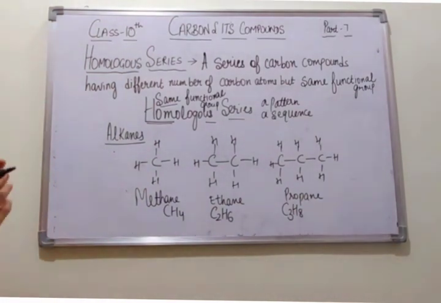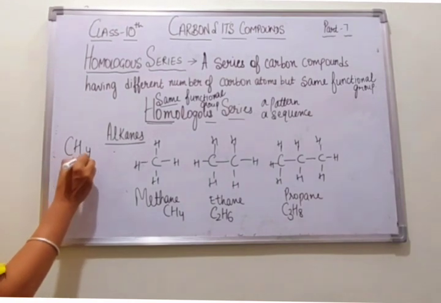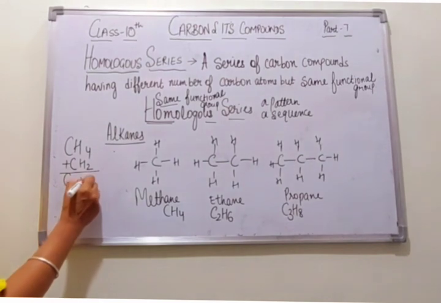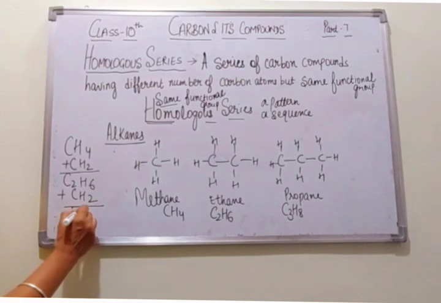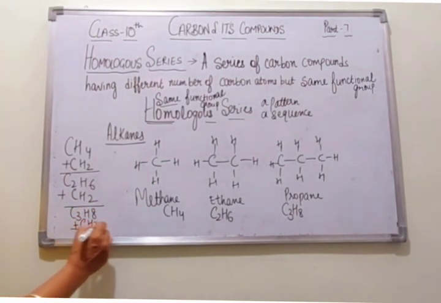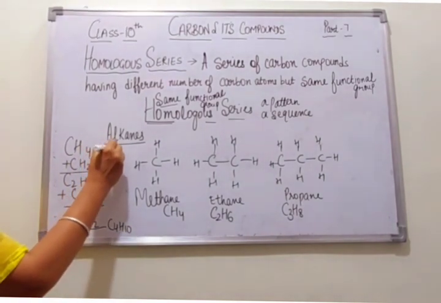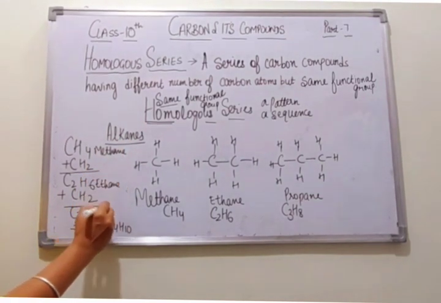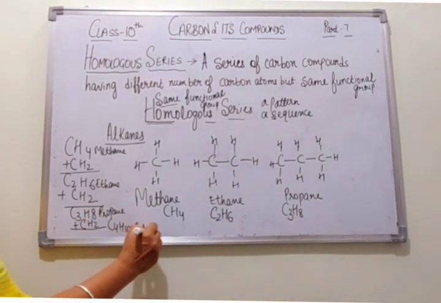If I write CH4 and add CH2 to it, it becomes C2H6. Again if I add CH2, it becomes C3H8. If I again add CH2, we get C4H10. This is methane, this is ethane, this is propane, and this is butane, and so on.